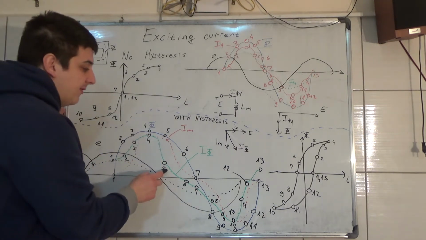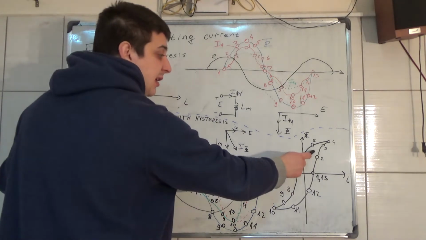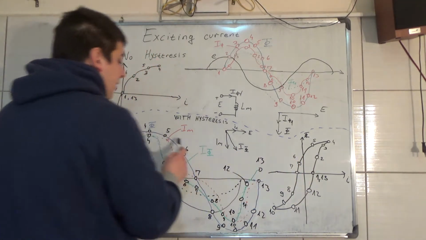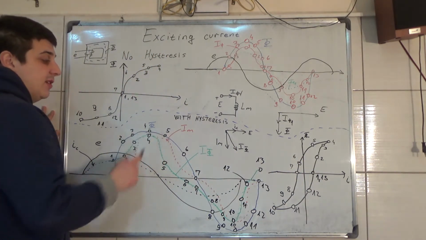As you can see, at number 5, we decreased this current a little bit, and also the magnetic flux decreased.